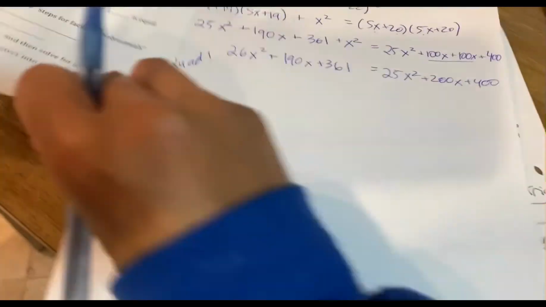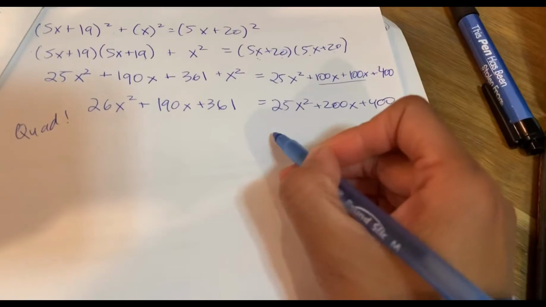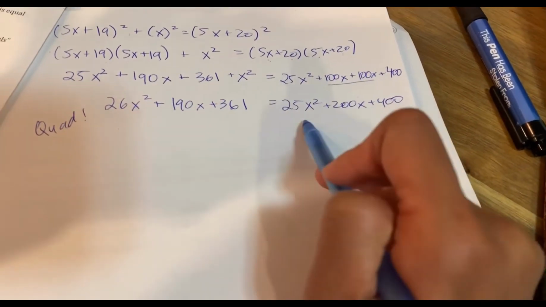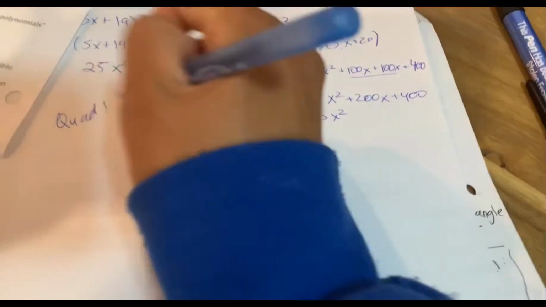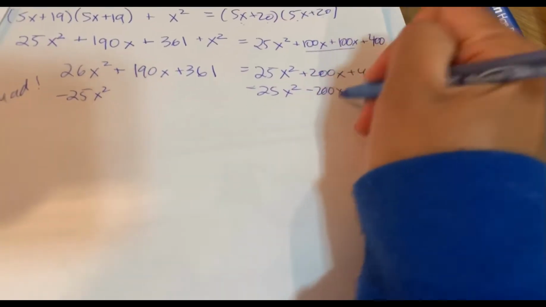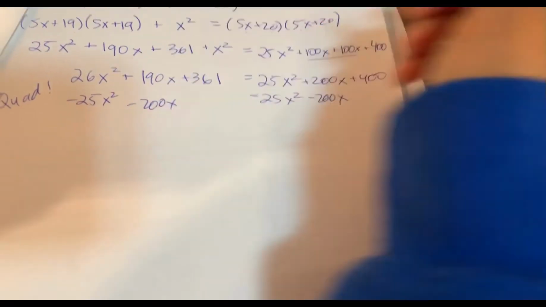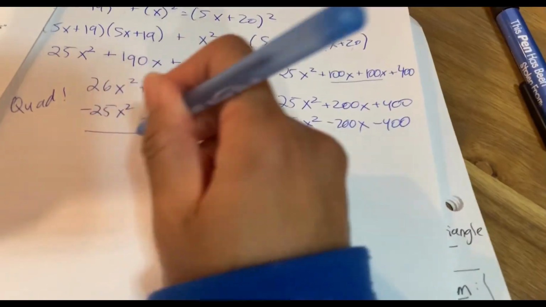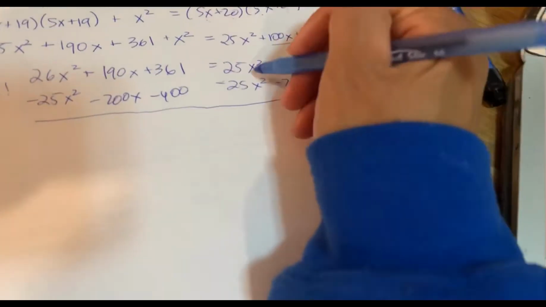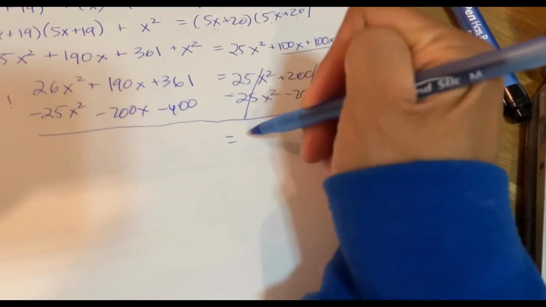So you want this to be equal to 0. So I see 26x² and 25x². I'm going to subtract this over. So I get minus 25x². I'm going to subtract the 200x. I'm going to subtract the 400. And when I do that, this all becomes 0 on the right side.